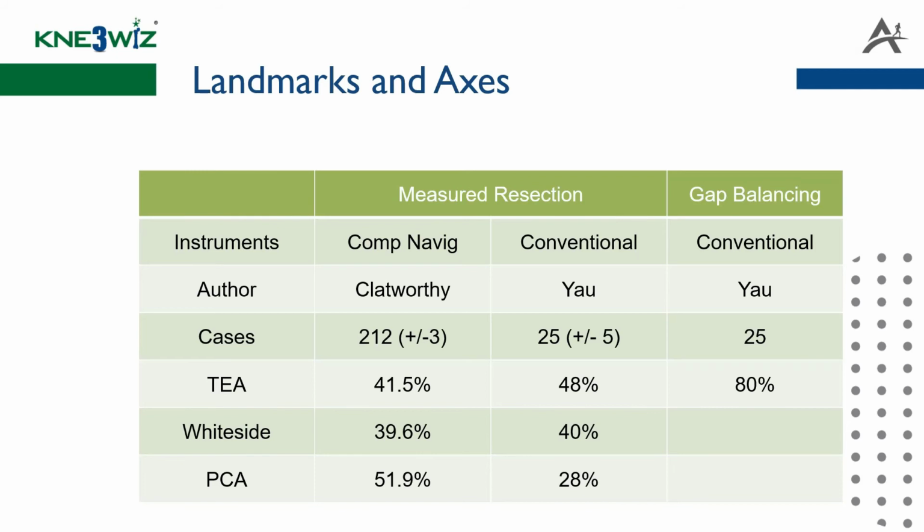In the second column, we have 25 cases, an implant axis along the transepicondylar axis within an error range of plus minus 5 degrees in 48% cases with conventional instruments. Whereas the same authors, when they did not go searching for the transepicondylar axis but followed gap balancing, the implant was placed along the transepicondylar axis in 80% cases.